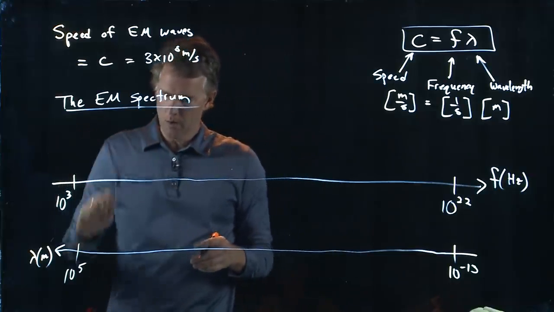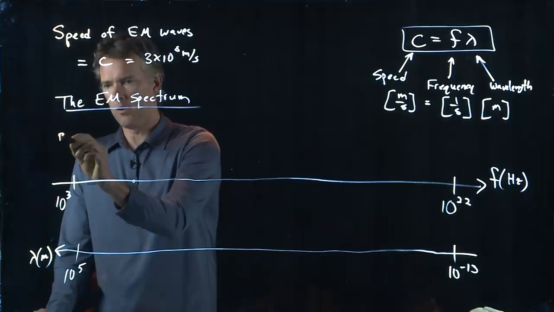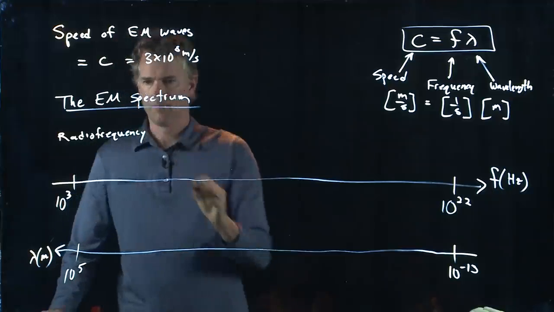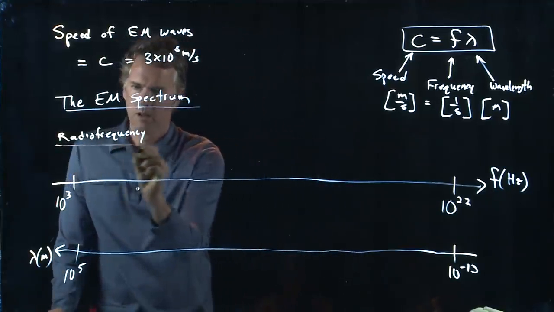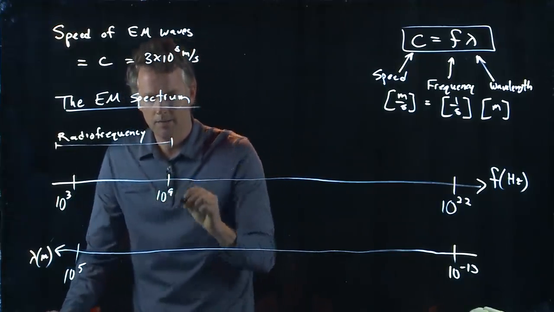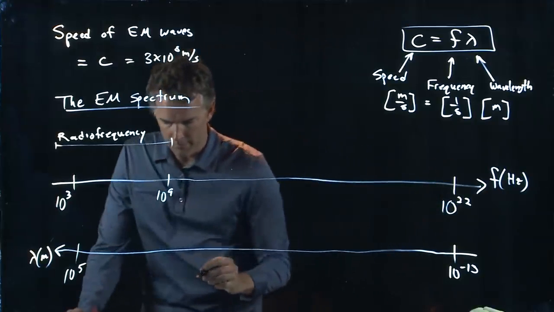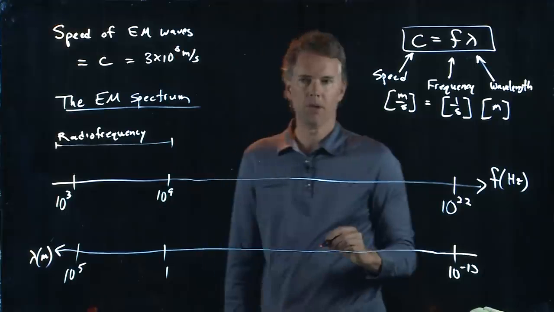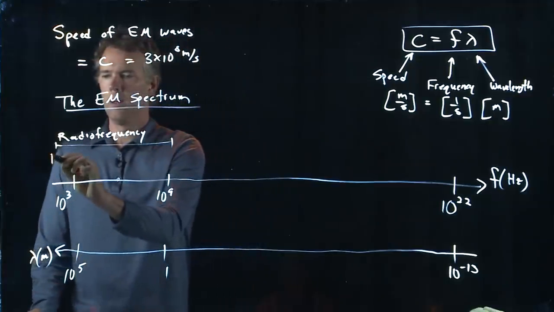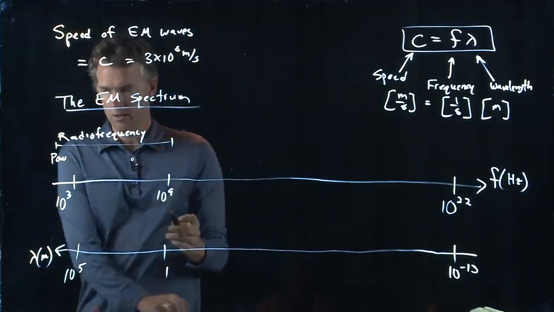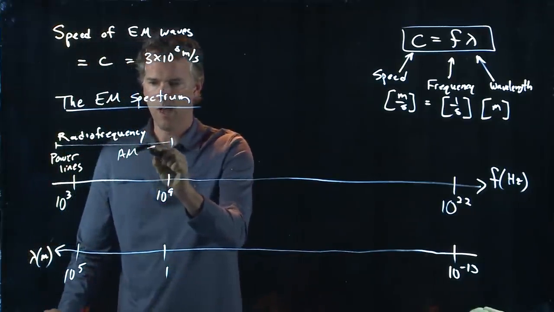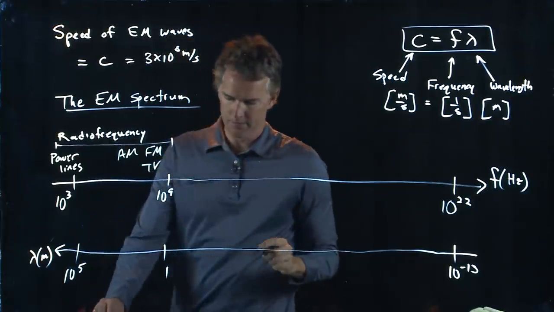So down here at the low end of the spectrum, we have what is called the radio frequency. Okay, and the radio frequency extends up to about 10 to the 9 in hertz, or roughly 1 in meters. So radio frequencies contain, of course, power lines way down here at the bottom end, AM radio, FM radio, and television.